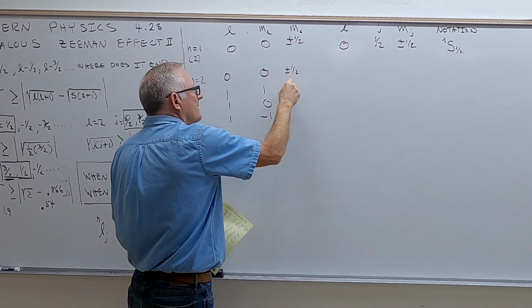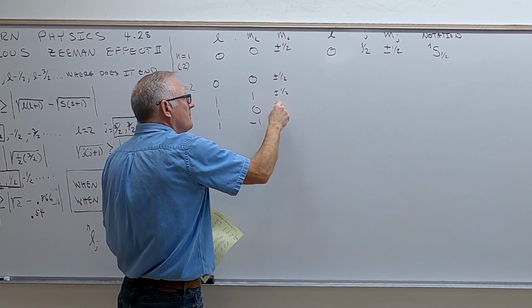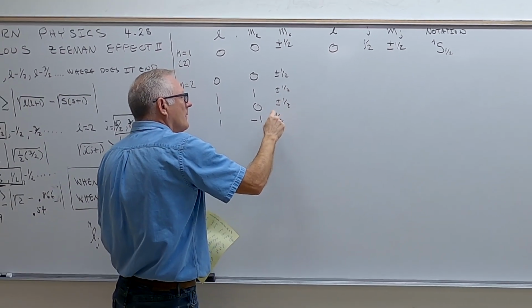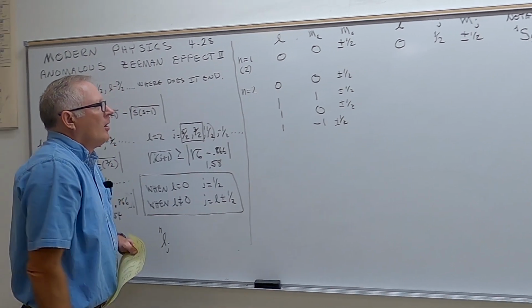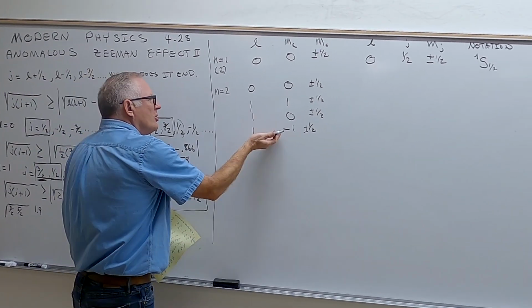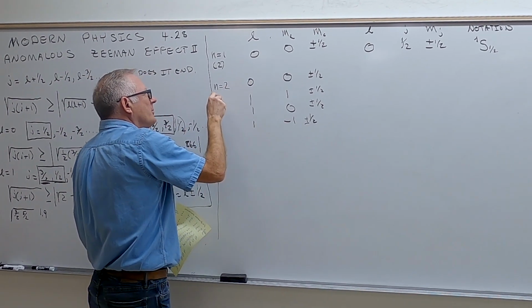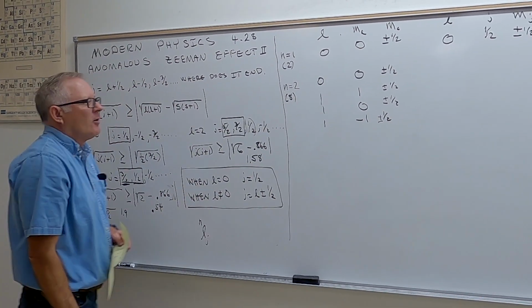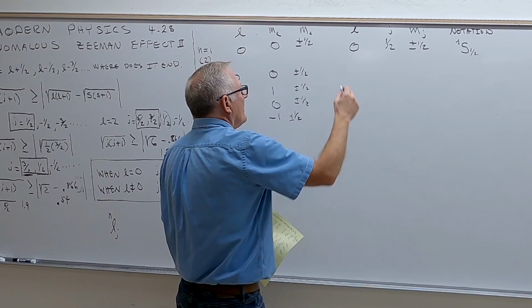And this is plus or minus 1/2, plus minus 1/2, plus minus 1/2. Okay, that gives me 2, 4, 6, 8 possible states there.